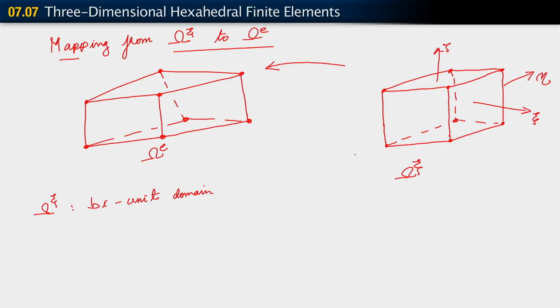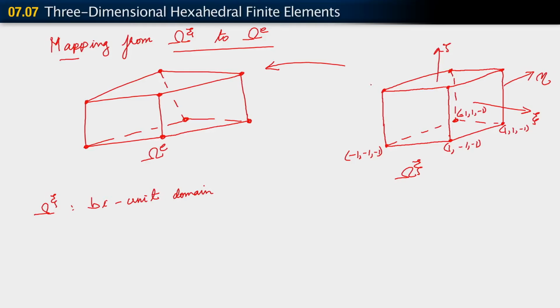Okay, so this point here is -1, -1, -1. This point is 1, -1, -1. This point is 1, 1, -1. And this point here is -1, 1, -1.